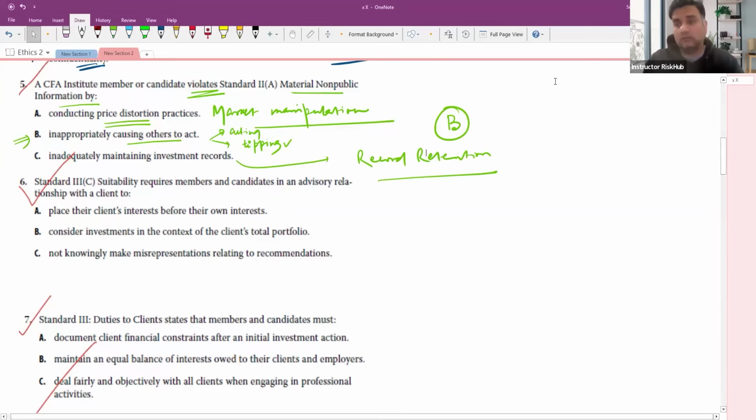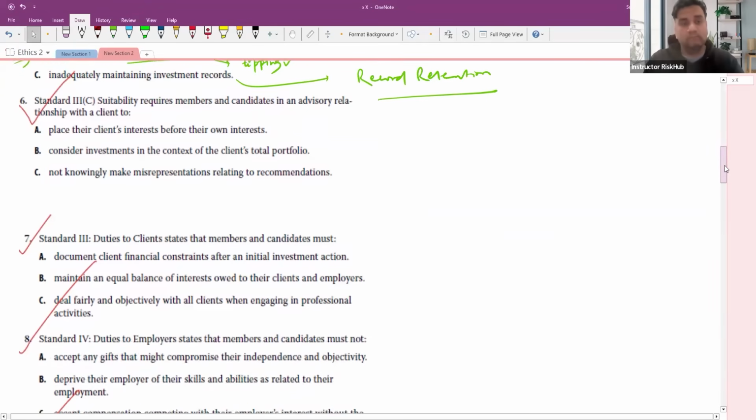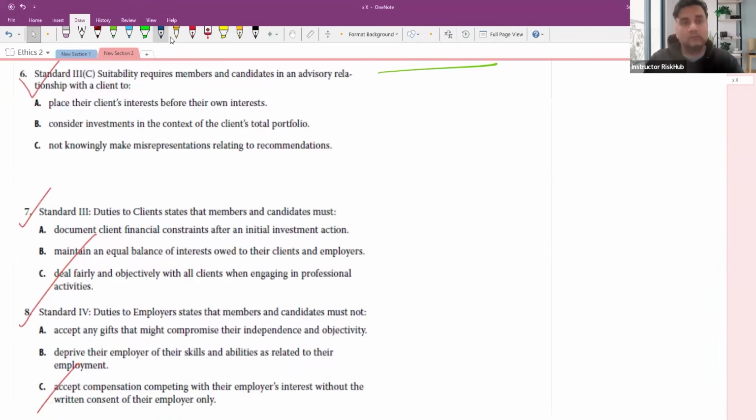Next one that we talk about. Standard 3C, suitability, requires members and candidates in an advisory relationship with clients to not place the client's interest before their own interest, right? Now, this looks like a tricky statement. What are we looking at here?